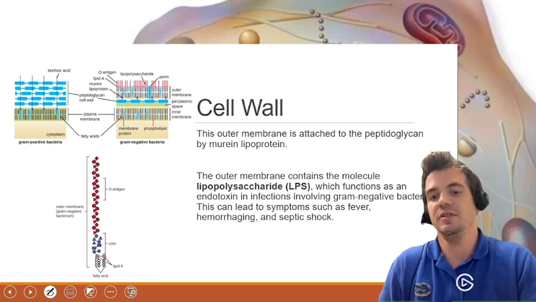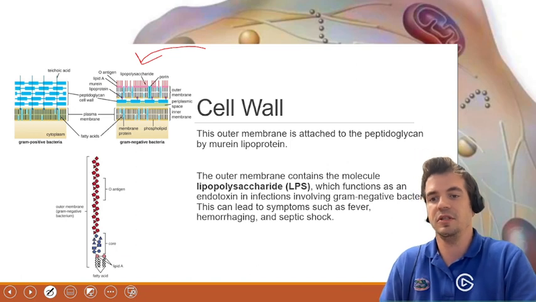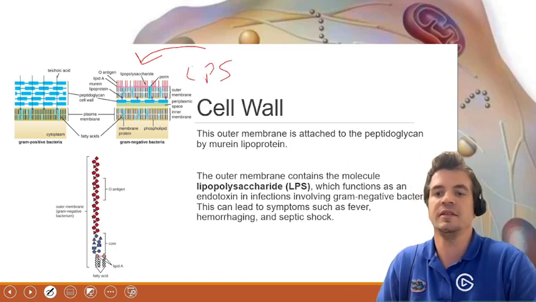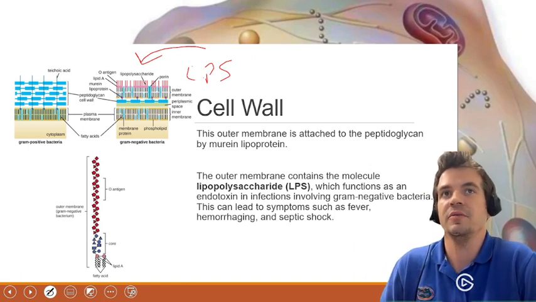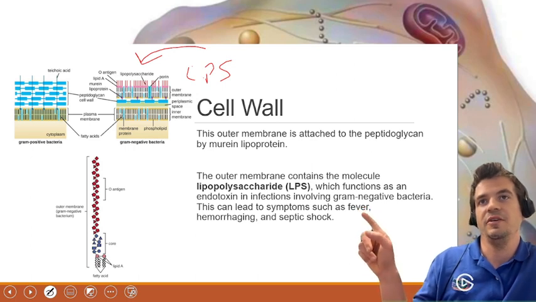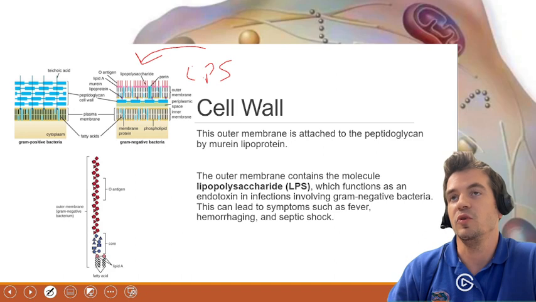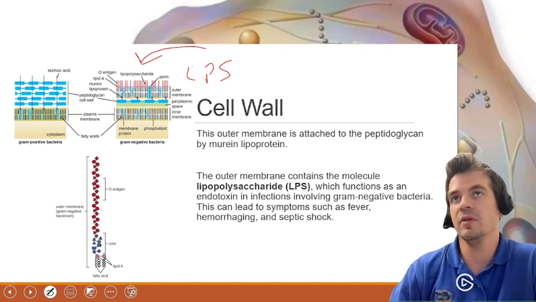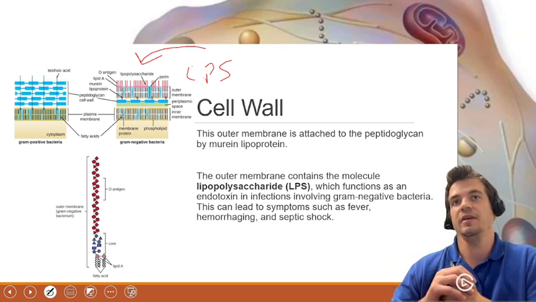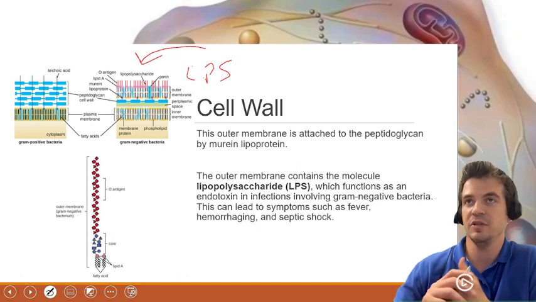We see here in gram negative cells this LPS layer, the lipopolysaccharide layer. This lipopolysaccharide forms an endotoxin to humans, and so if you kill this bacteria too fast, if you have an infection, you can get septic shock, you can get fever, and it can cause a bunch of problems.